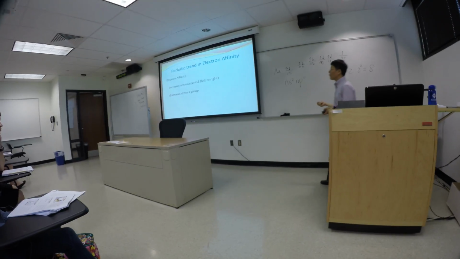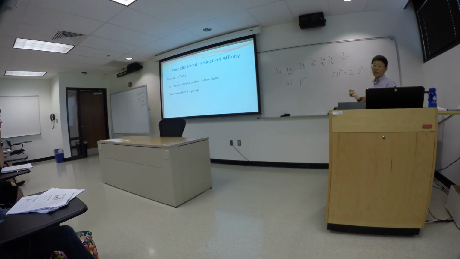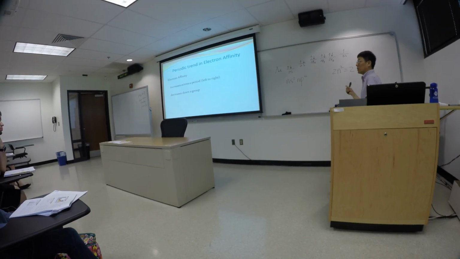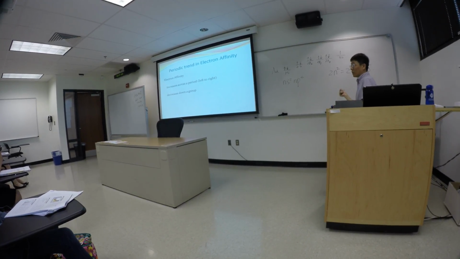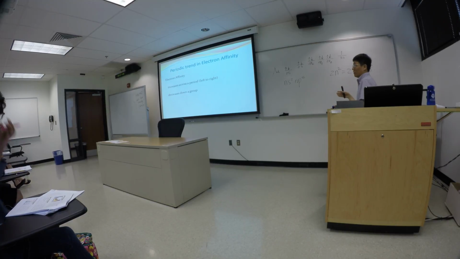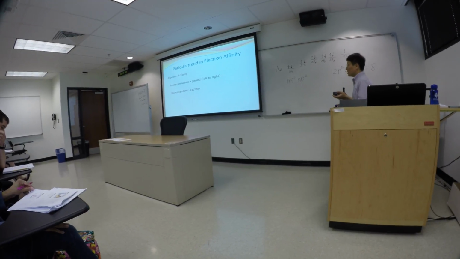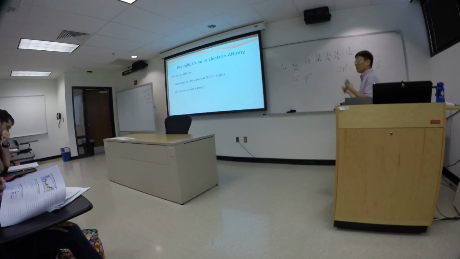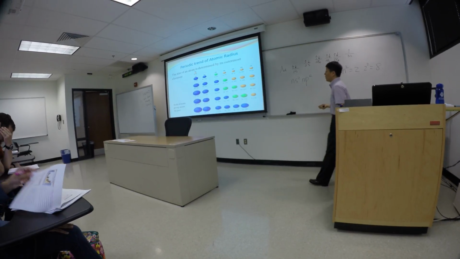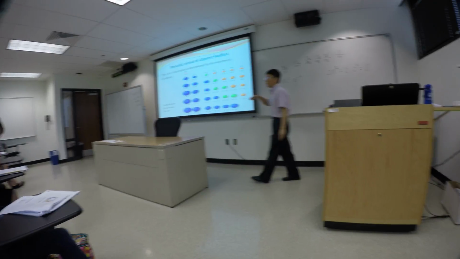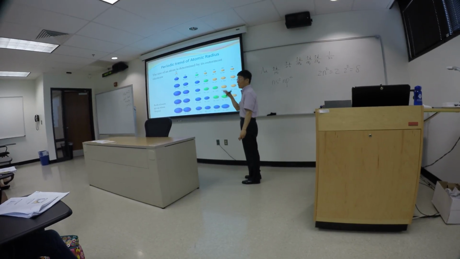But in general, electron affinity increases across the period. When we use the term across the period, we always refer to going from left to right, by convention, and then decrease down the group. So that's the periodic trend for ionization energy and electron affinity.